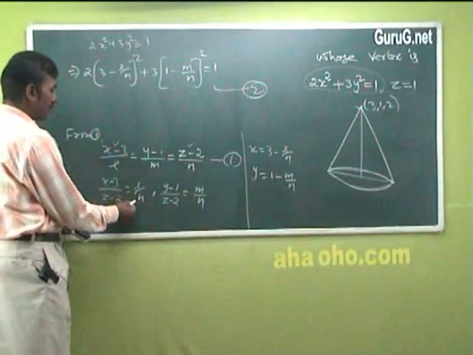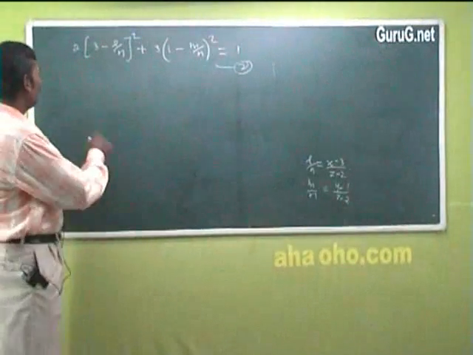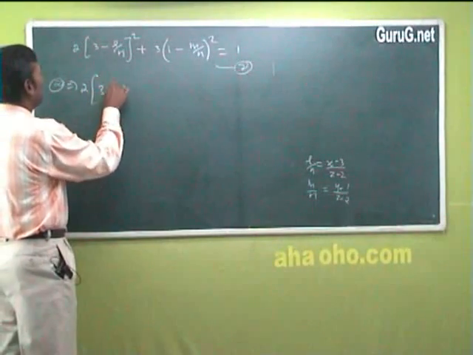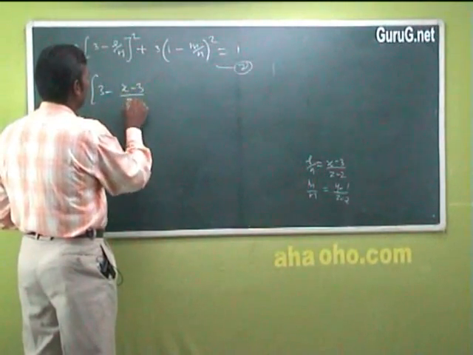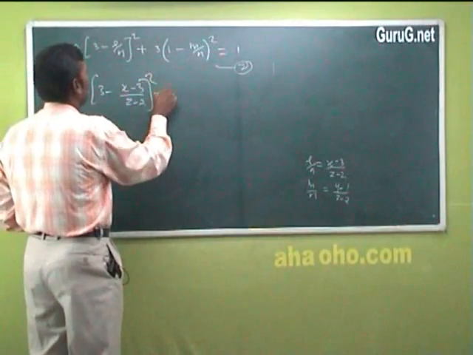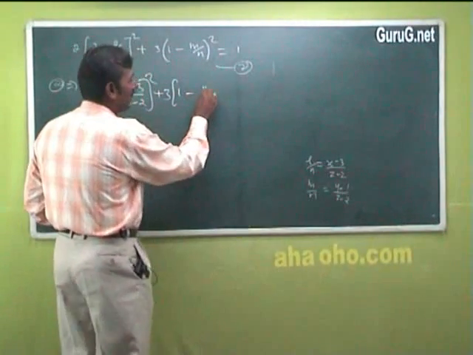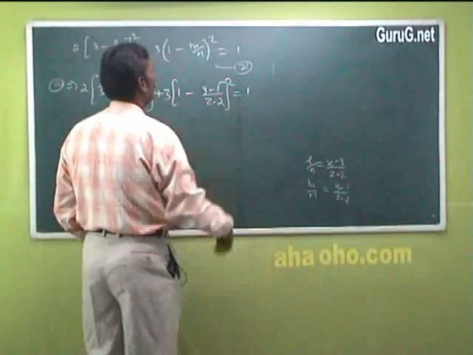You substitute this L by N and M by N in 2, right? Equation 2 becomes 2 into (3 minus (x minus 3)/(z minus 2)) the whole square plus 3 into (1 minus (y minus 1)/(z minus 2)) the whole square equals 1.